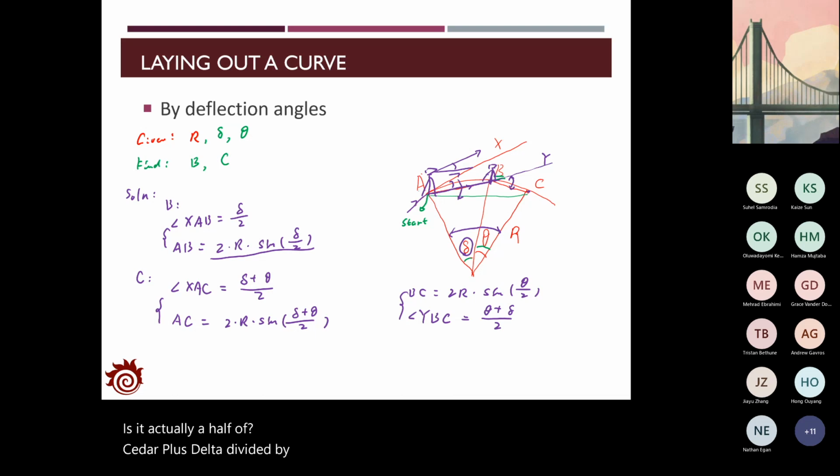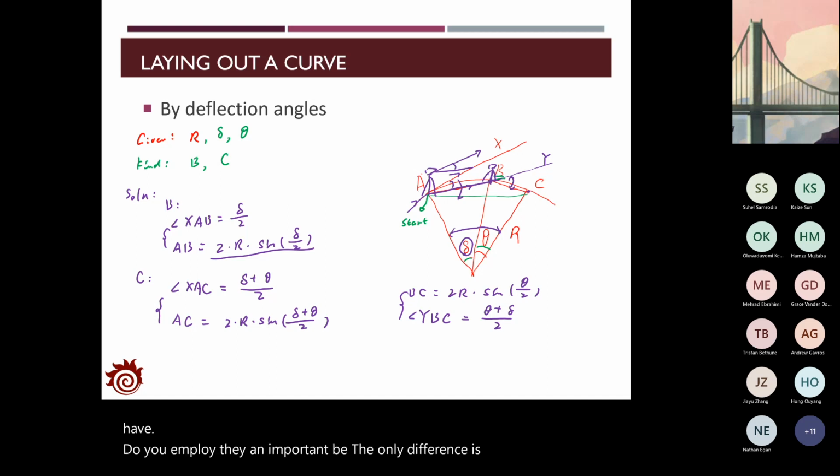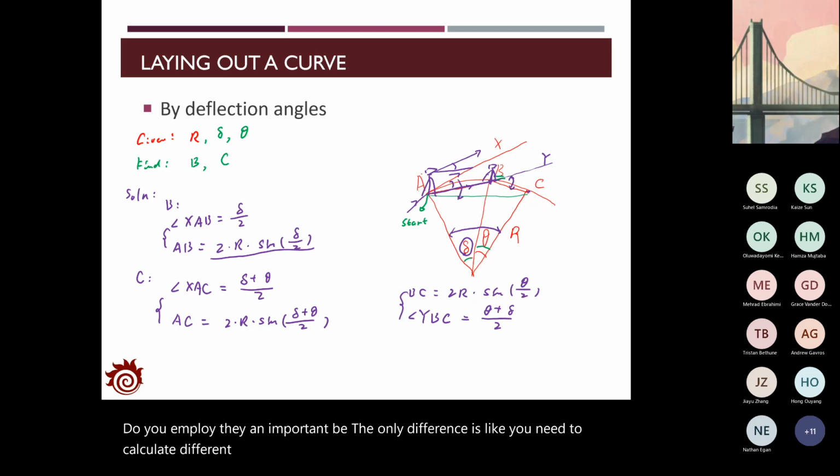So this is actually the way for you to find out the location of point C from the one that I have already defined from the point B. It's quite similar to what you have done in point A and in point B. The only difference is you need to calculate different lengths of the chord, different values of the deflection angles. So that's the theory we have to use for laying out the curve.